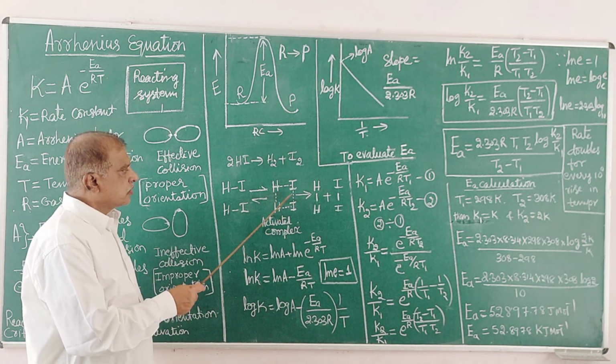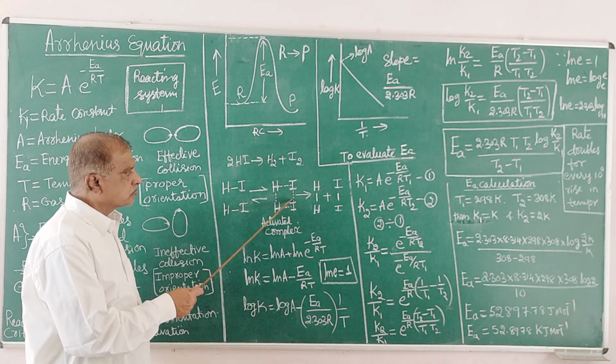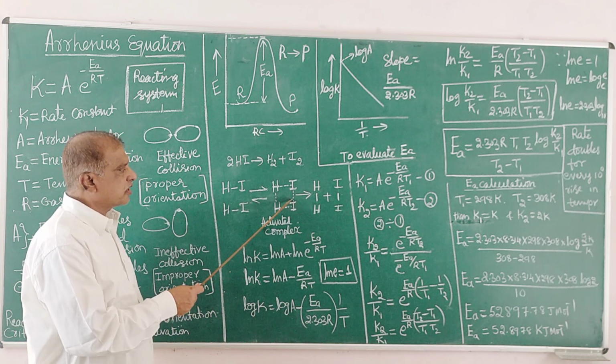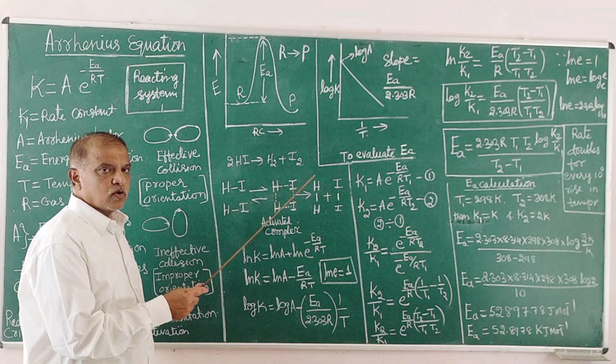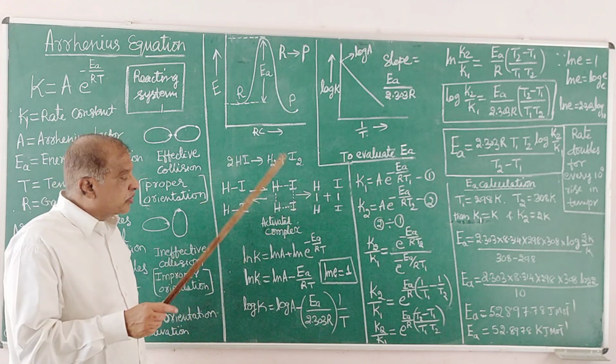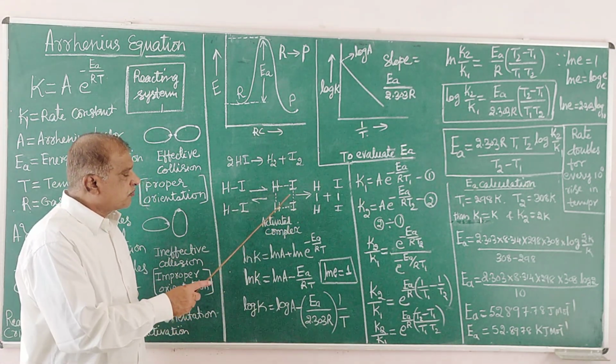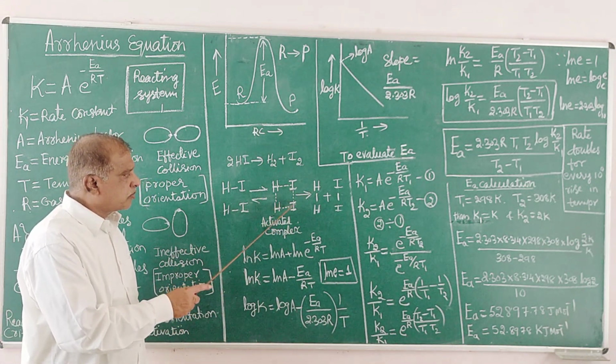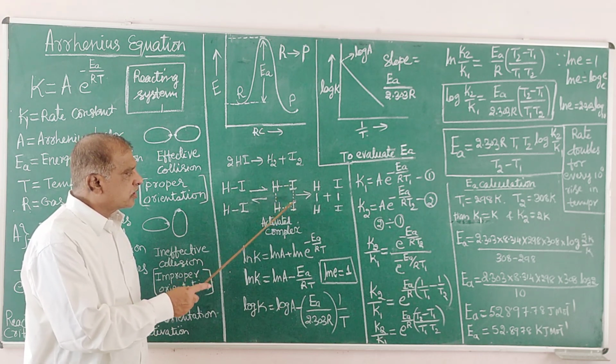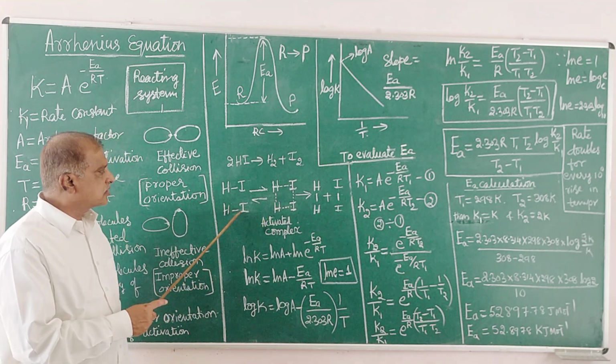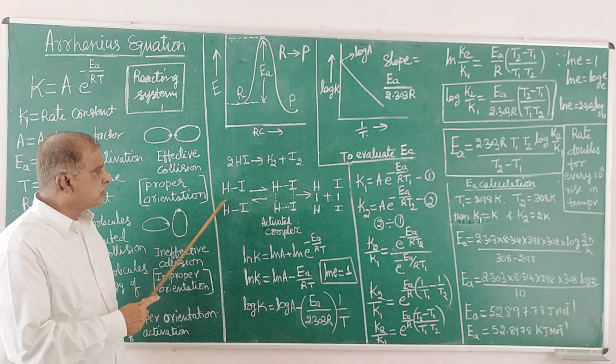If they are very far from each other, there is no chance of forming a chemical bond. Only then can the bond form, so we need that kind of orientation.